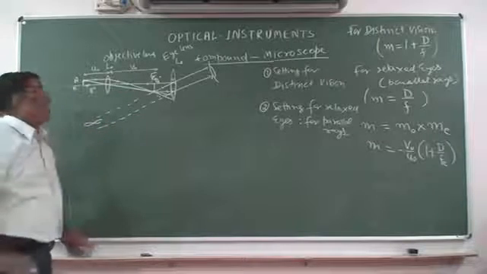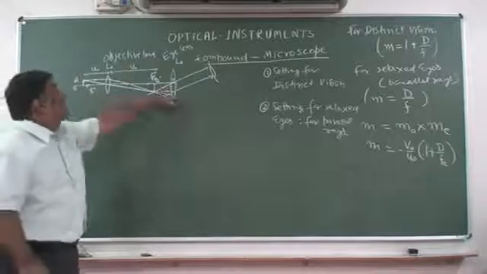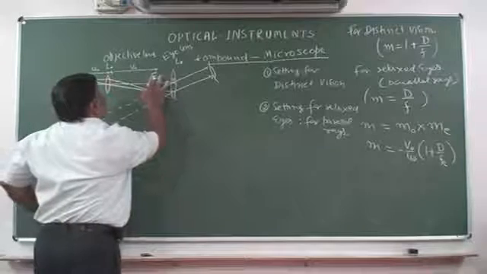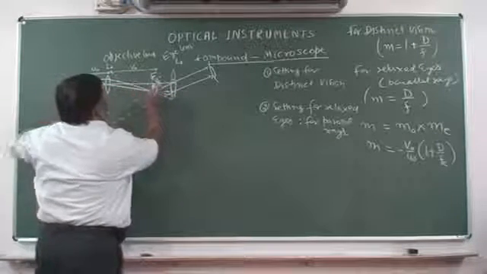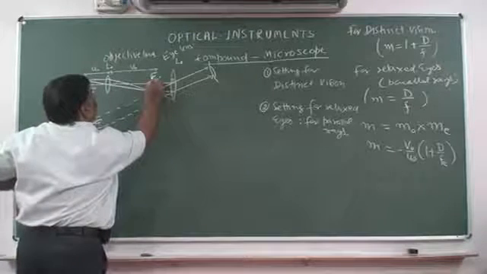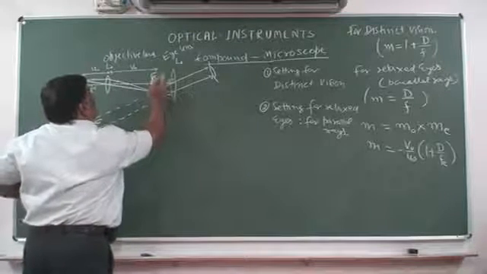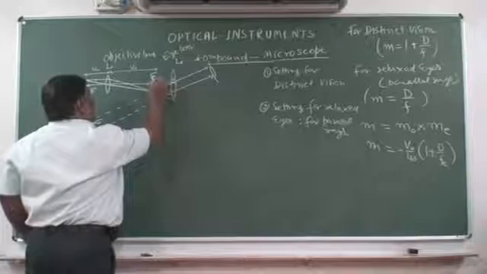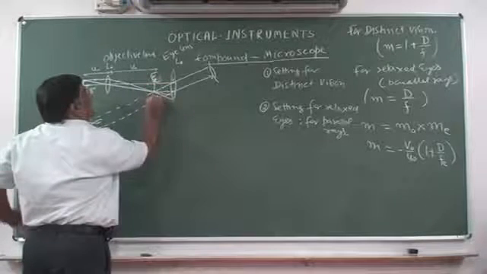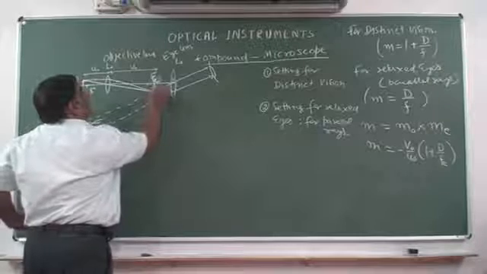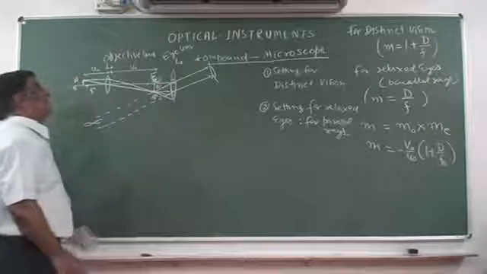So you make the complete diagram once again. What will you do? The focal length of eyepiece. This is focal length of eyepiece. Remember? Focal length of eyepiece is here, and here is the A dash, B dash at the same place.